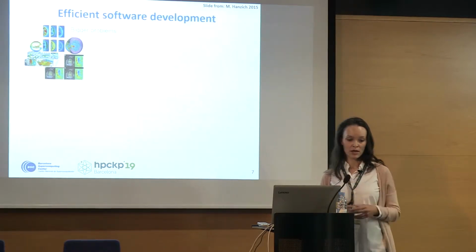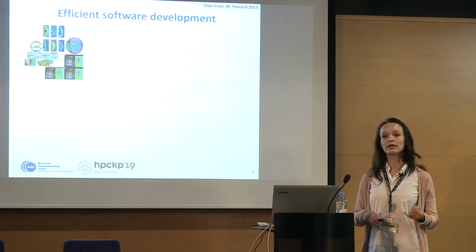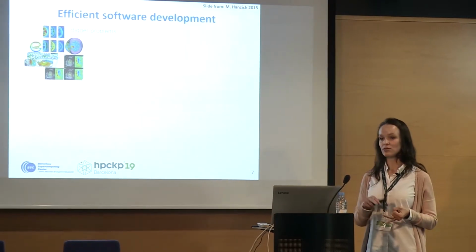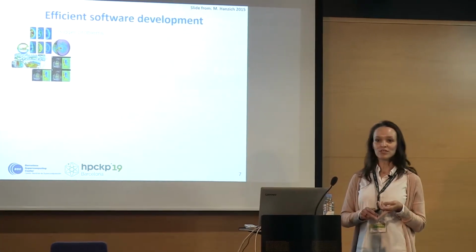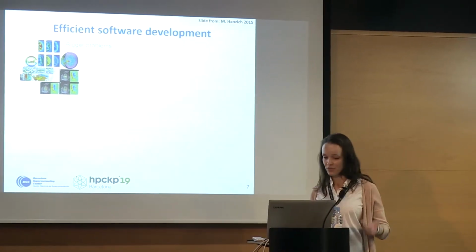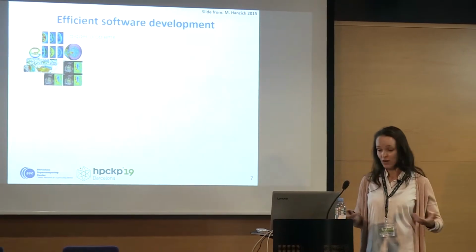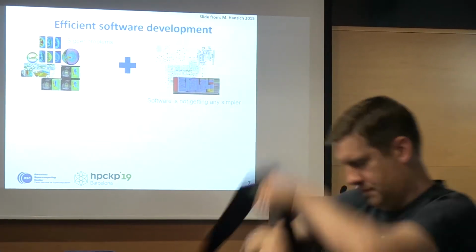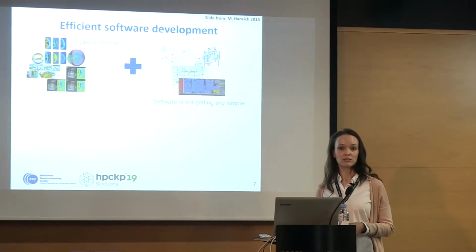Of course, physical problems are getting bigger. We always want to simulate complex scenarios, larger grids, more precise simulations of materials, or wind, or forecasts, and so on. Of course, that leads to complex software.